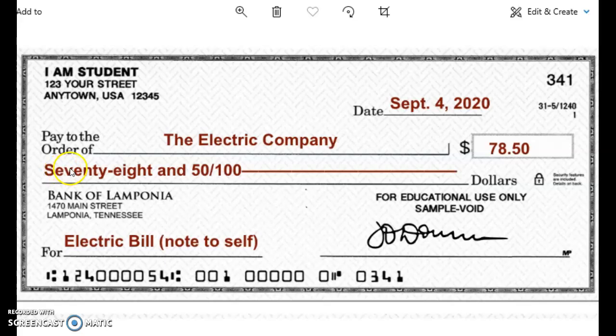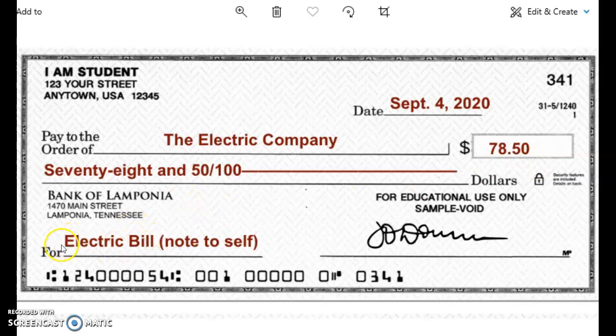Okay, so you don't write 70 and 8, you write 78 with the dash and 50 over 100. And then most people, when they handwrite these, write a line here so that nobody can alter this and try to get more money. Okay, you don't want them to write 78,000 or, if it was just 7, you don't want them to write 100 at the end.